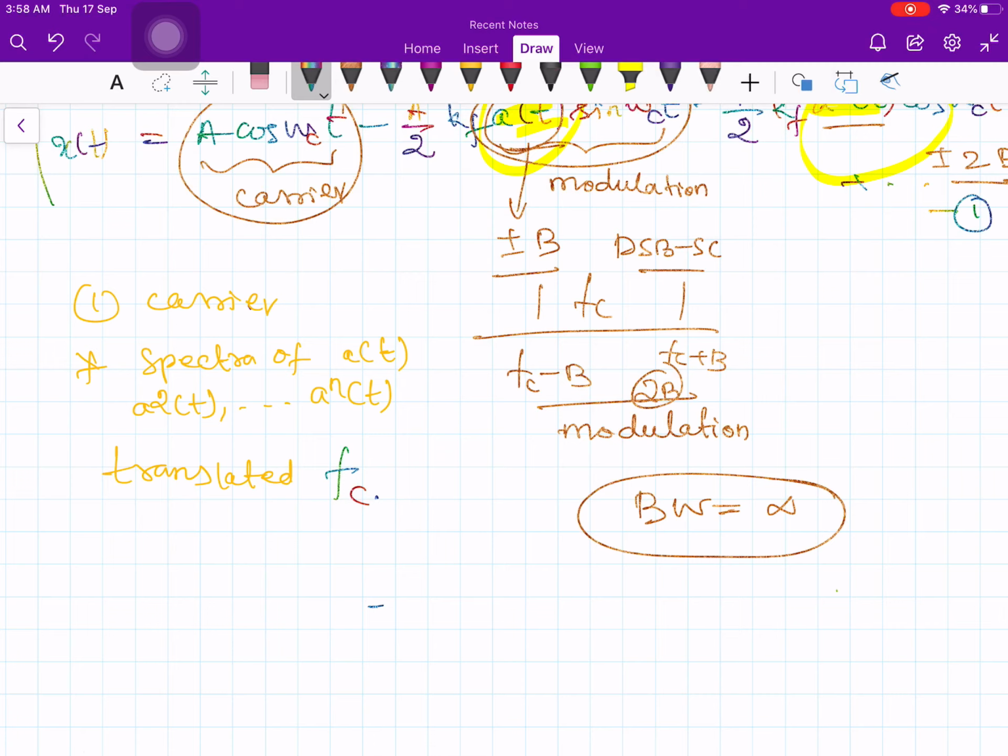So this shows that it can have infinite bandwidth. For the narrowband FM, we know that we can approximate it by only the first term in that expression, and that's it. Okay, if it is narrowband, no need to consider rest of the terms, only first upper sideband and first lower sideband and carrier, that's it.